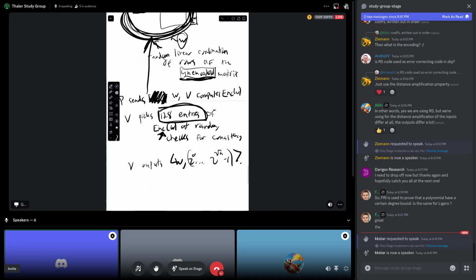And now the 128 entries that are spot checked for consistency with what the prover actually committed, which is inside the Merkle hash, are all done on the encoding. Did that clear things up a bit? Yeah, a little. So actually, what gets sent by the prover is not the code word W, but its pre-image. Yes, exactly.